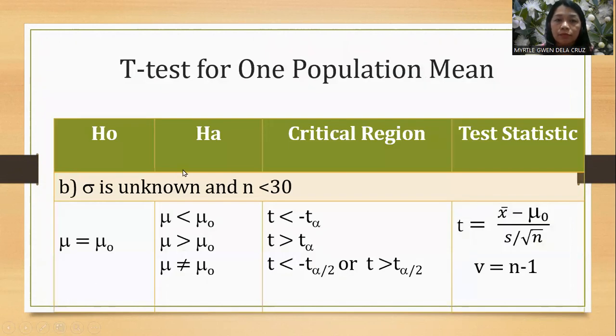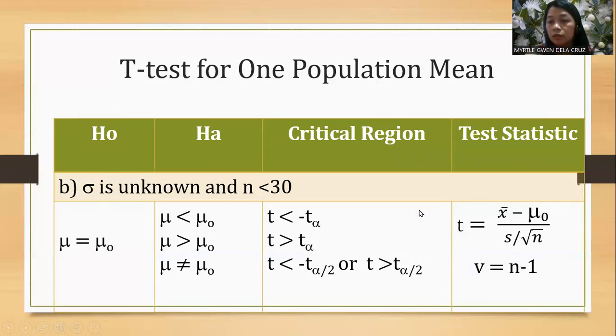So for a t-test for one population mean, we have these. The null hypothesis is the mean is equal to some assumed value mu sub 0. Our alternative hypothesis could be any one of these three: the population mean is less than the assumed value, or the population mean is greater than the assumed value, or the population mean is simply not equal to the assumed value.